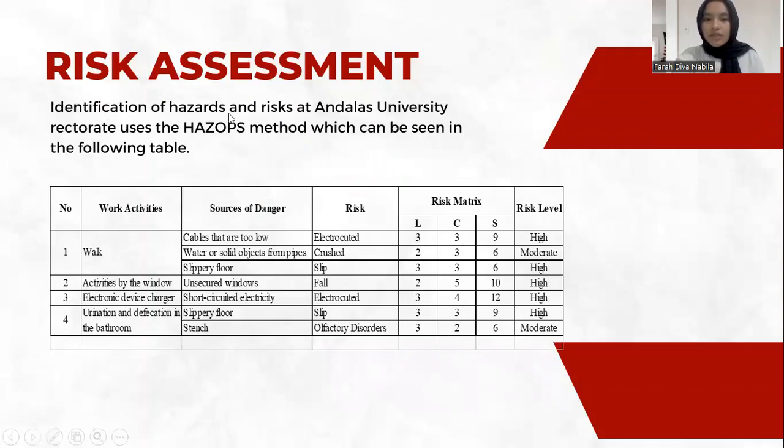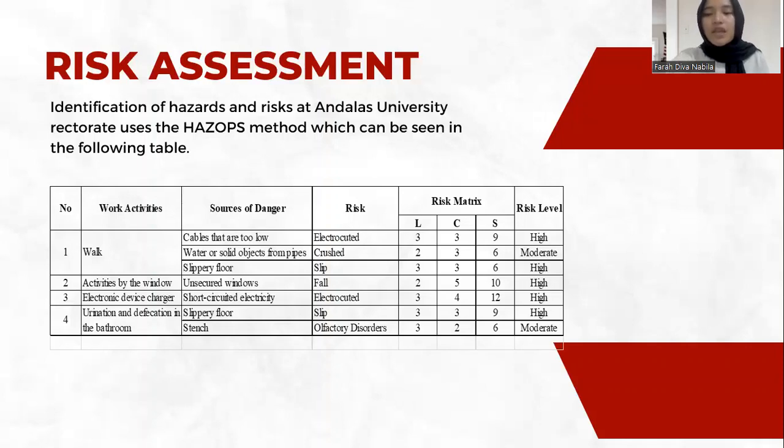The identification of hazards and risks at the ANDALAS University Rectorate uses the HAZOP method, which can be seen in the following table. The first work activity is the wall, which has a source of danger: cables that are too low, and the risk is being electrocuted. The risk matrix has a likelihood of 3, a consequence of 3, and the severity is 9.